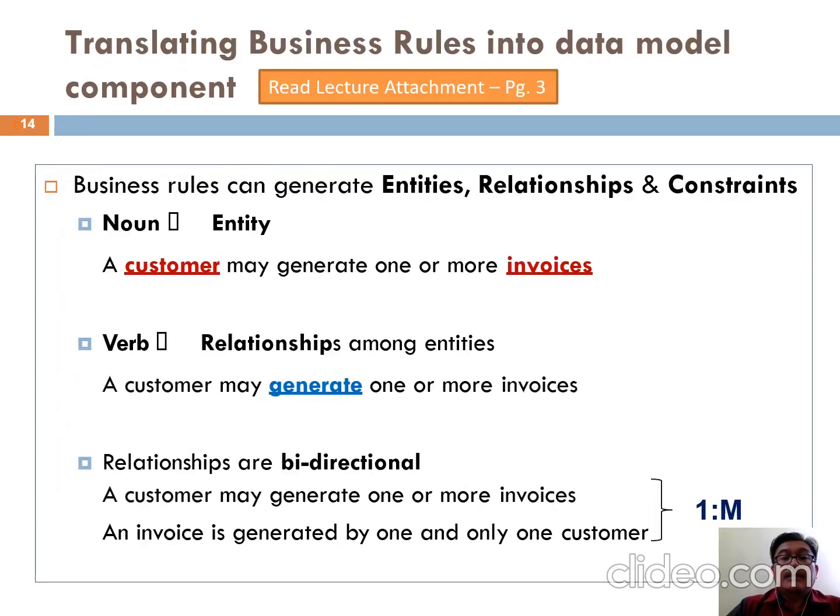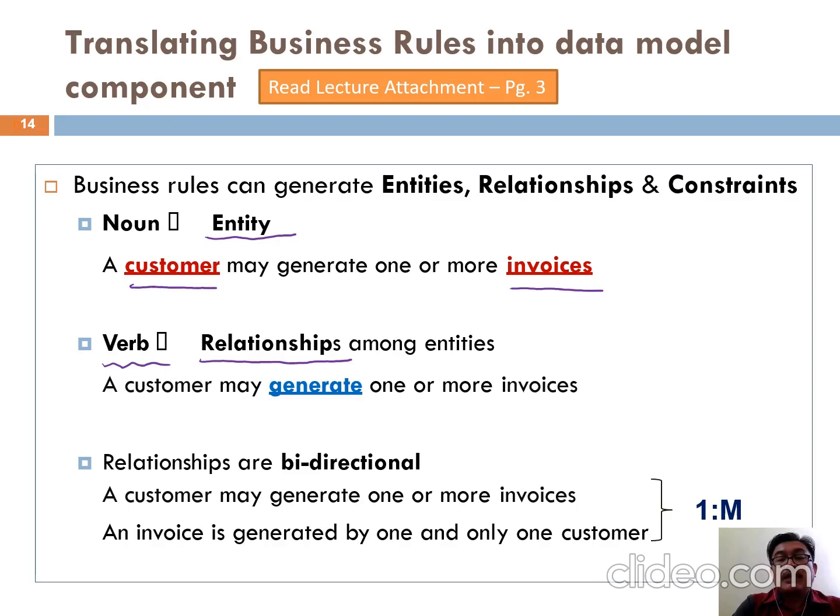Okay, translating business rules into data model components. This is in your lecture attachment, page 3. Do read the lecture attachment. Here it mentions that an entity is a noun, such as a customer or invoice. A relationship uses a verb, an action, for example, a customer generates an invoice, a student attends a class.